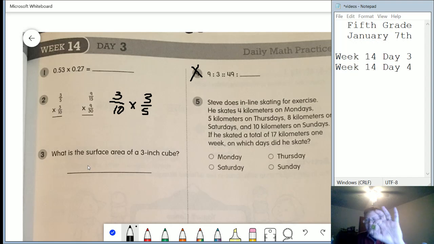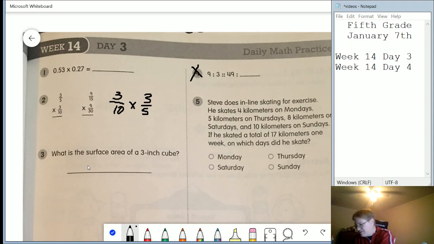So here is our 6-sided die. There we go. Each of these sides, the surface area is going to be 3 inches by 3 inches. So each of my measurements are going to be 3 inches.